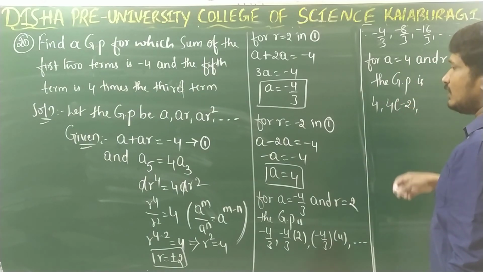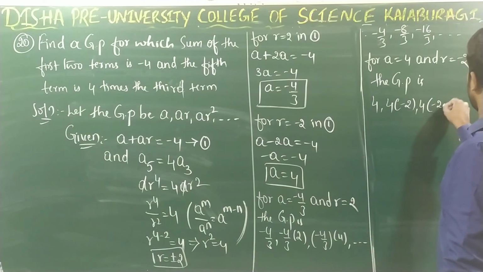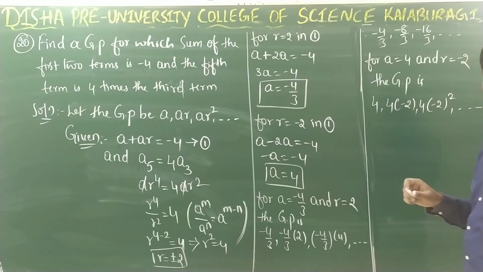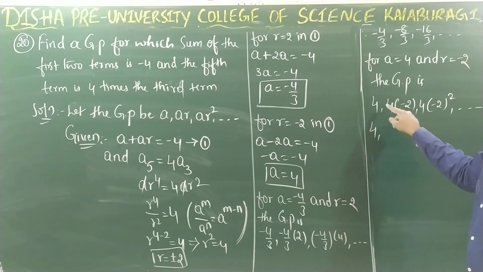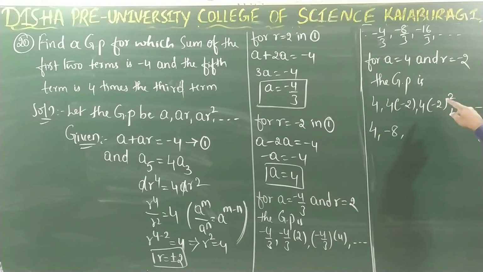Third term is a into r square, that is 4 into minus 2 whole square, and so on. So this will be 4, plus into minus is minus, 4 2s are 8, so it will be minus 8. Minus 2 whole square is 4, 4 4s are 16, and so on. So these will be the 2 different geometric progressions for 2 different values of r as well as a. So this is how you solve this problem.